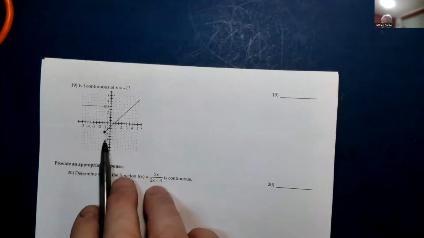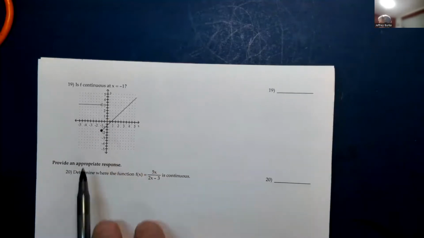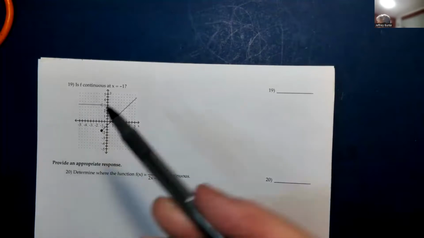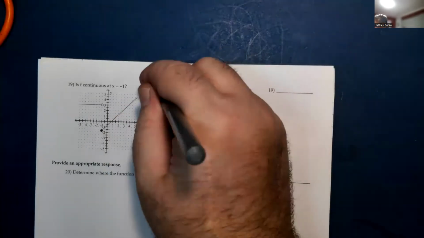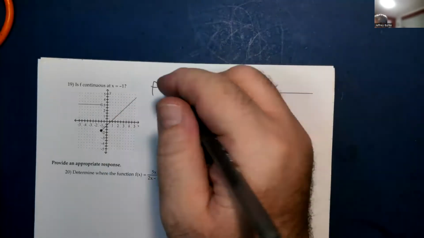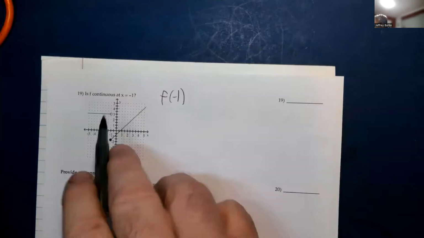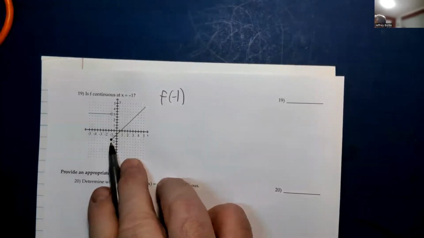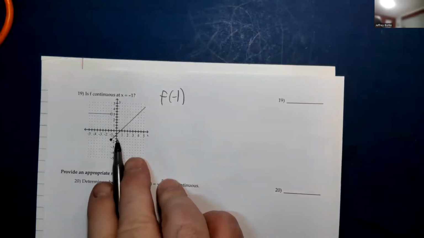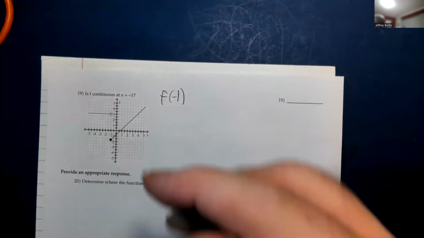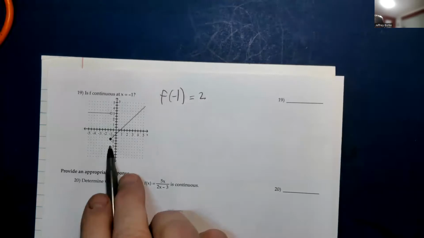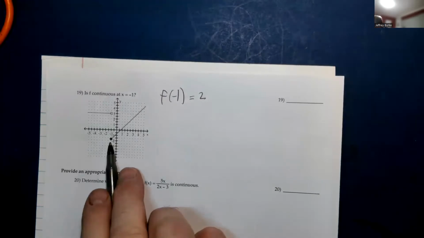Because, if you watch how we did this in class before, we had f of -1, which looks like it's going to equal about -2, whatever that is.